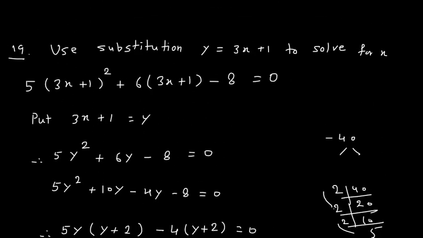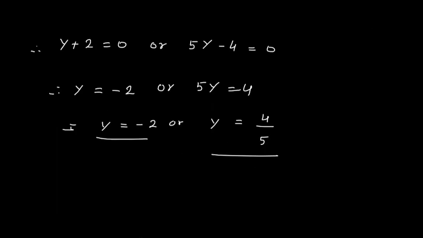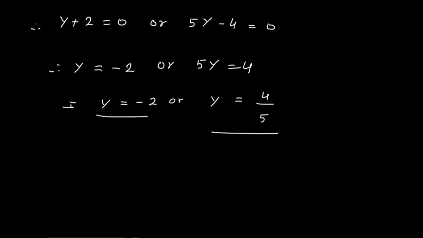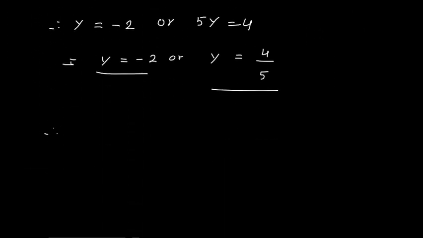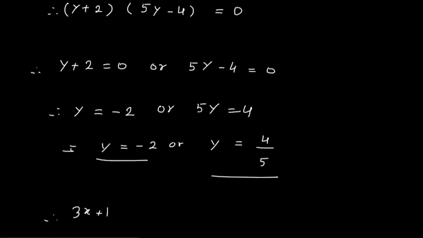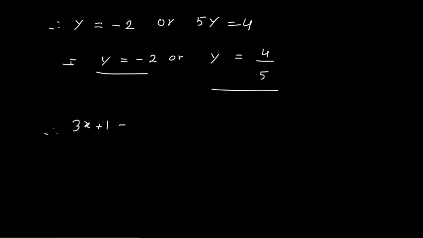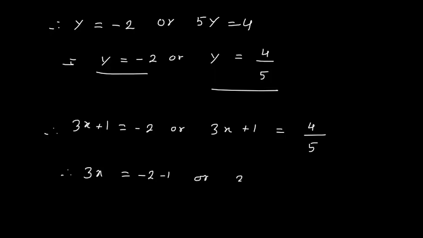So we got the value of y, but we have to find the value of x. In place of 3x plus 1 we have substituted y. So then 3x plus 1 will become minus 2, or 3x plus 1 will become 4 upon 5. Therefore 3x equals minus 2 minus 1, or 3x equals 4 upon 5 minus 1.